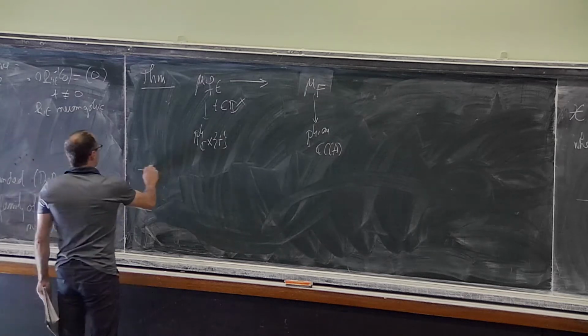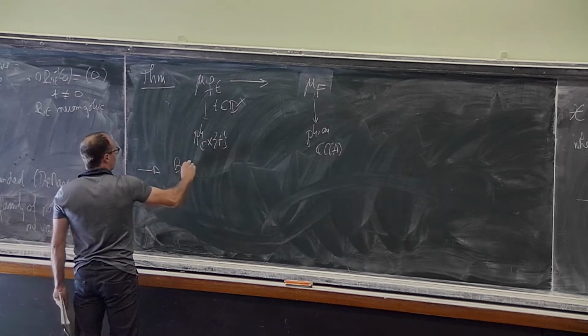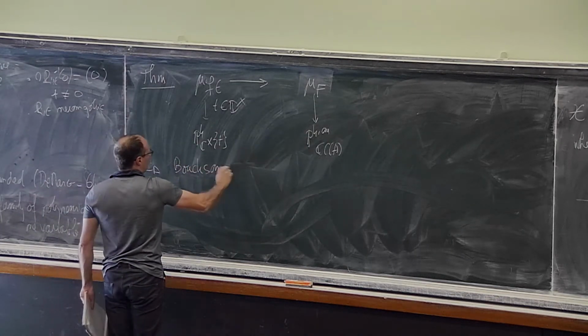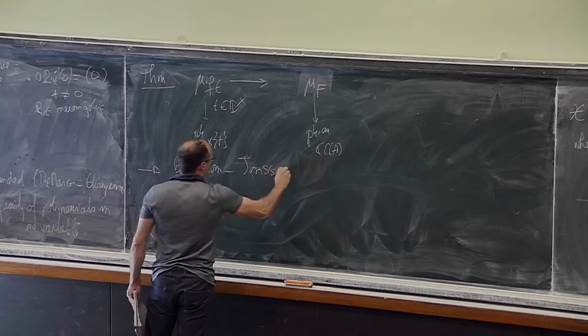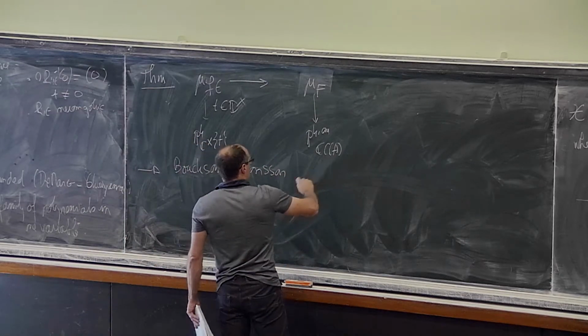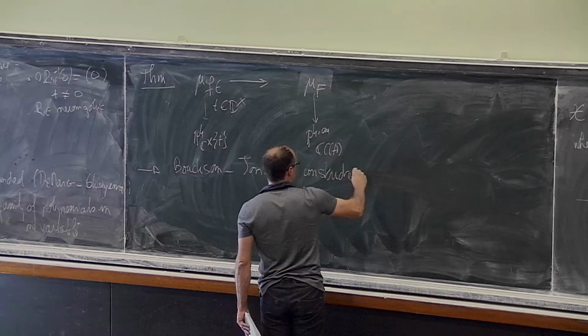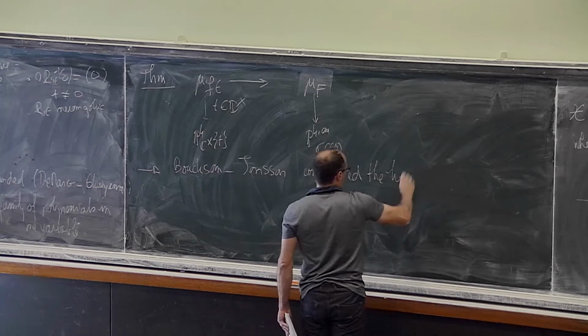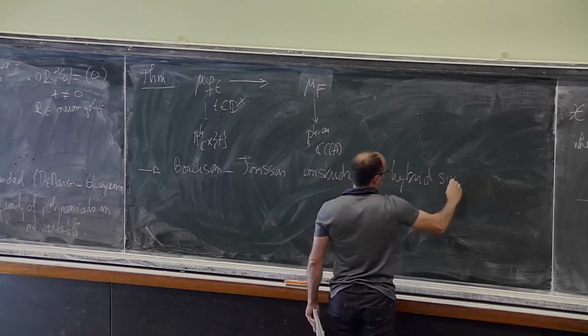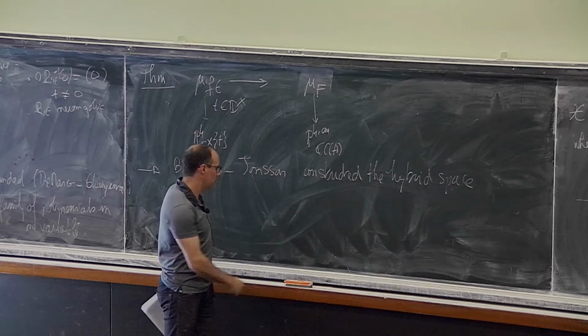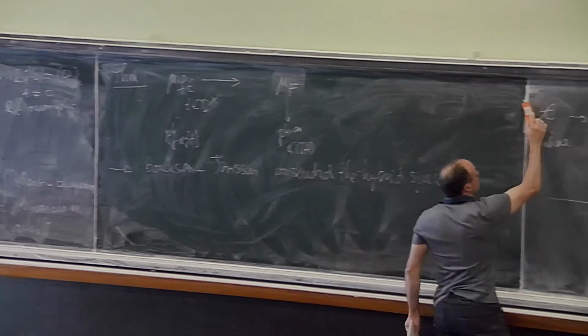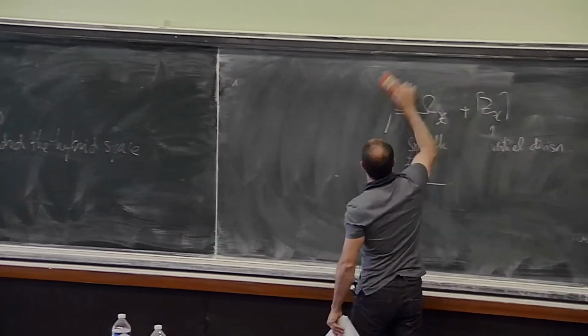This was done by Sébastien Boucksom and Mattias Jonsson, based on an idea by Berkovich, and they call it the hybrid space. That does exactly the job. So let me state this as a theorem.